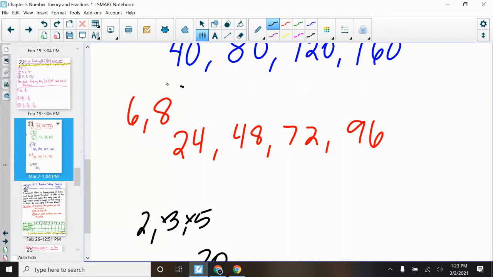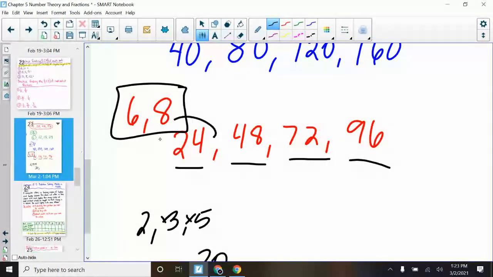So let's look at this example. Here's our 2 whole numbers, 6 and 8. This question wants to know, are all of the numbers in this list a multiple of the smallest number that they have in common? Yes. That's what that question was asking. So when it asks, will that always be the case? Your answer should have been yes.